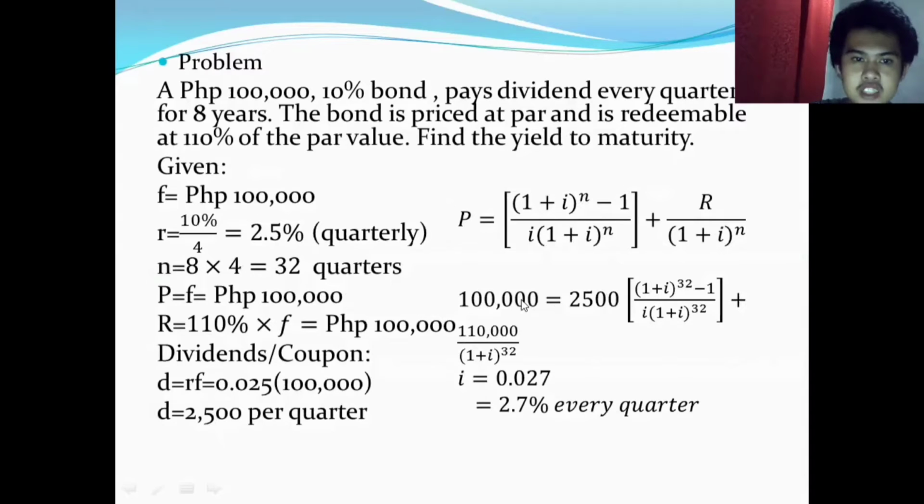So 100,000 equals 2,500 per quarter times [(1 plus i) raised to 32 minus 1] over [i times (1 plus i) raised to 32], plus 110,000 over (1 plus i) raised to 32, since n is 32 quarters. So i equals 0.027, which is 2.7% every quarter.